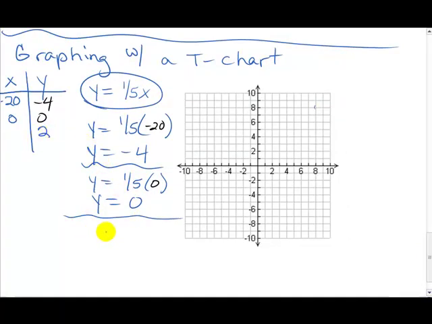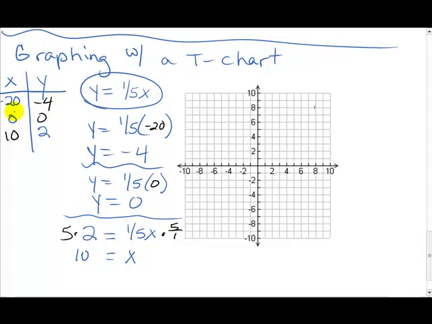So y is 2, 2 equals 1/5 x. To get rid of the 1/5, remember we multiply by the reciprocal. So x is going to equal 10.